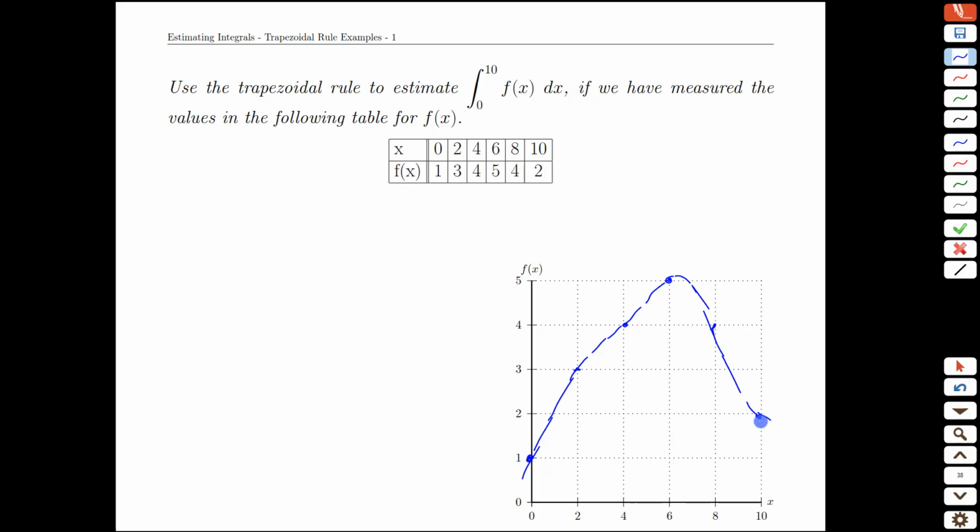But what we can do is ask, what would the area underneath this graph be on the interval from 0 to 10? Our new approach here specified, and it will be specified in any questions what rule to use. Here, using the trapezoidal rule, we would build trapezoids as our estimate for the area underneath this graph.